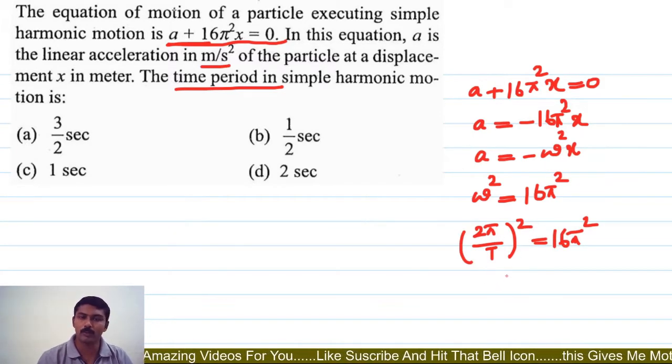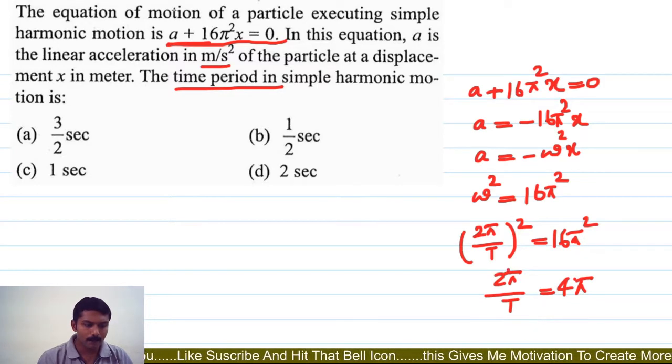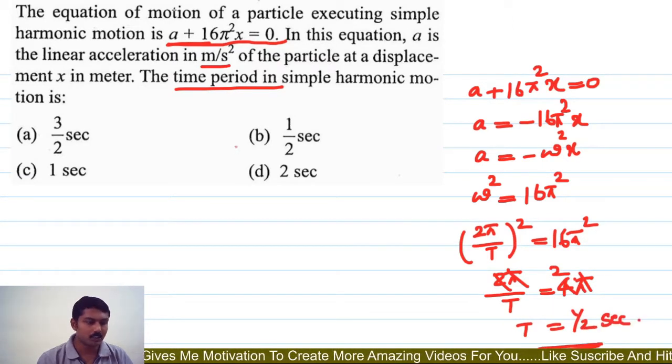Taking the square root on both sides, you get 2 pi by T = 4 pi. Pi and pi cancel, 2 and 4 cancel, giving you T = half. The answer to this particular question is half seconds.